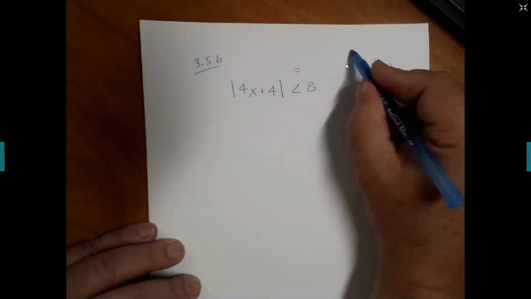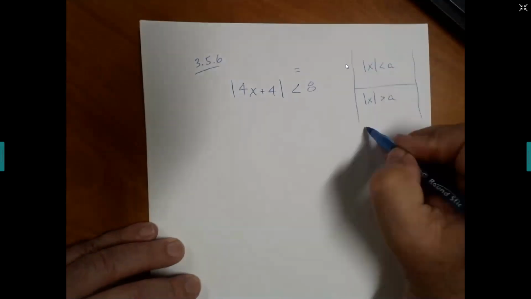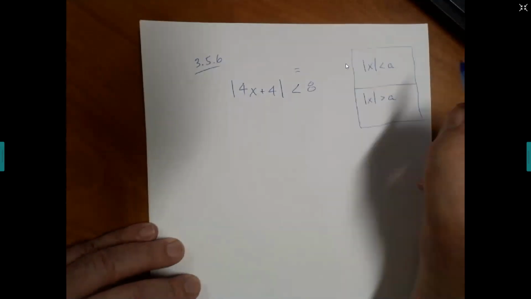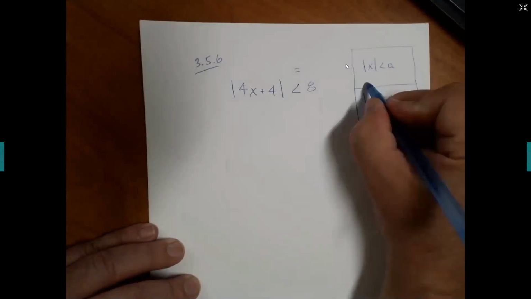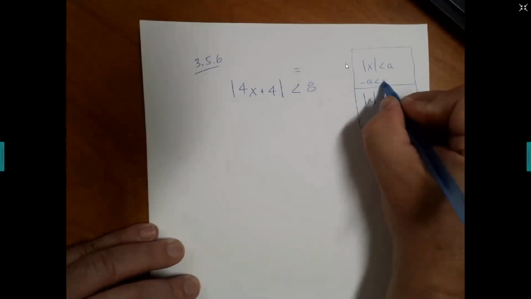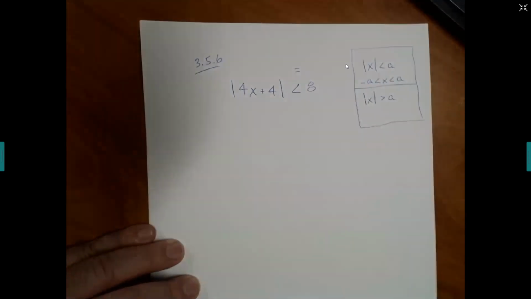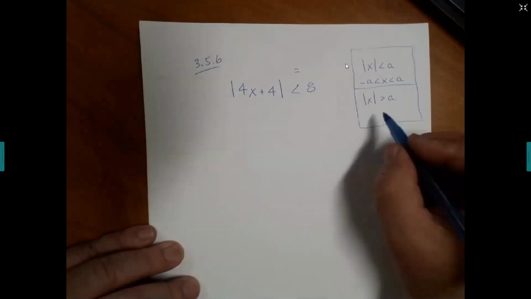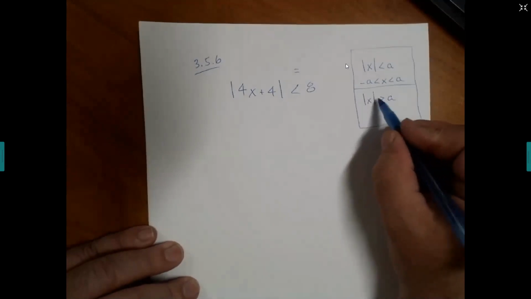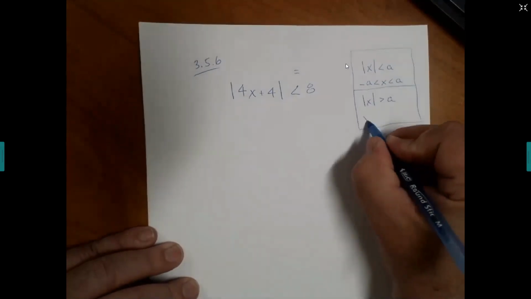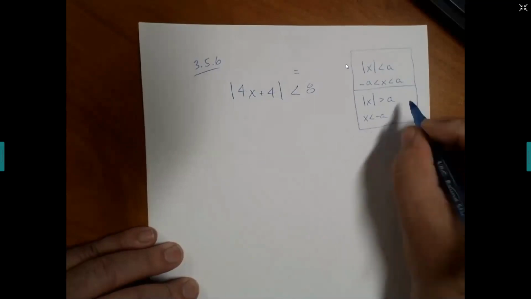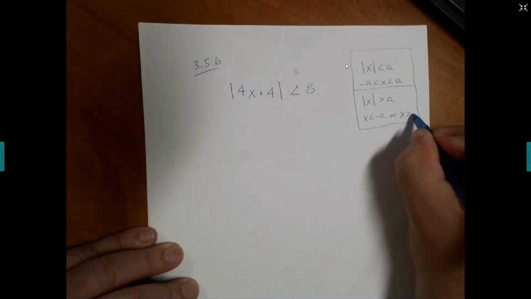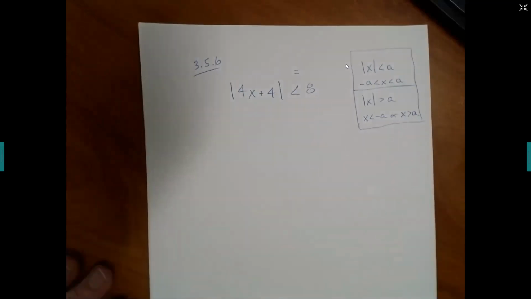If it's less than a, that means our x value has to go between, so it has to be greater than negative a. And if its absolute value is greater than a, then x is less than negative a, or x is greater than a. It goes both directions.